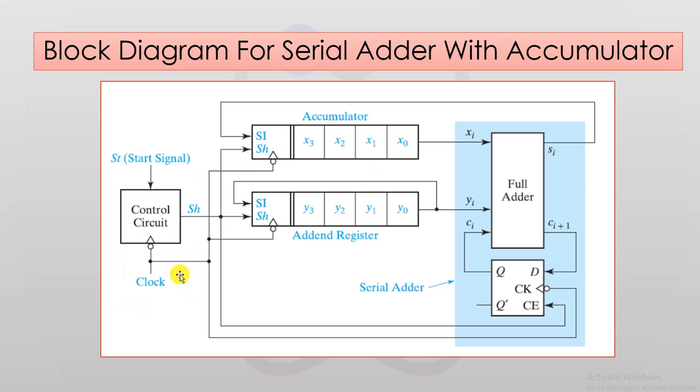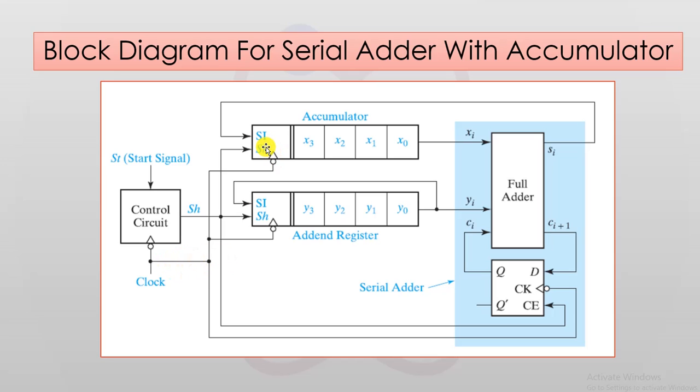The box at the left end of each shift register shows the inputs SH, which corresponds to the shift signal, and SI, which corresponds to the serial input. And we also have a clock.